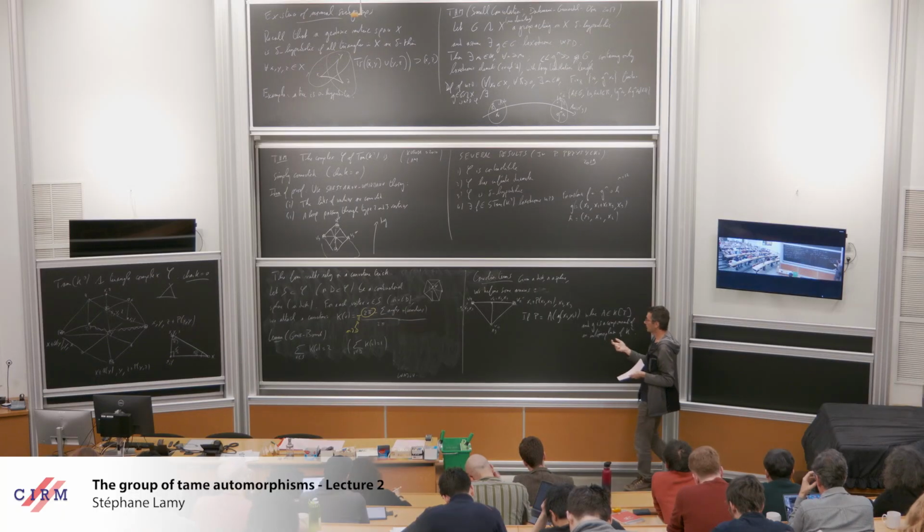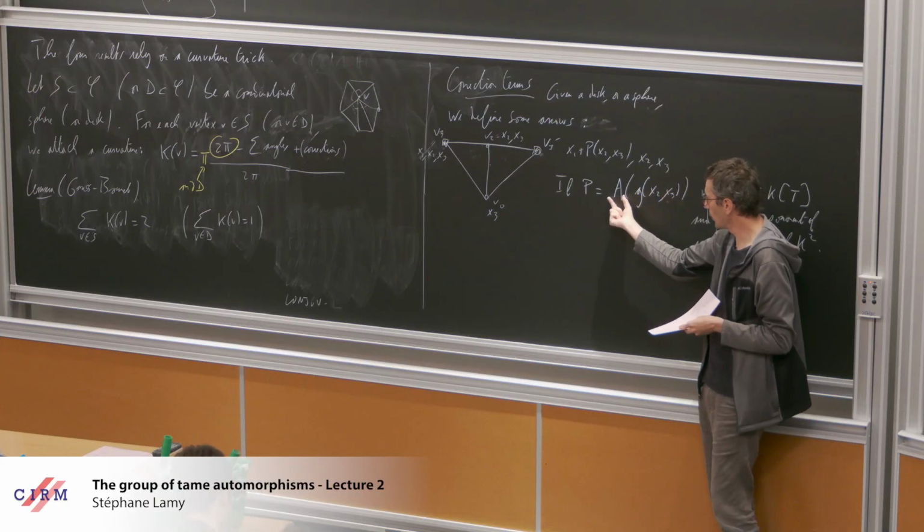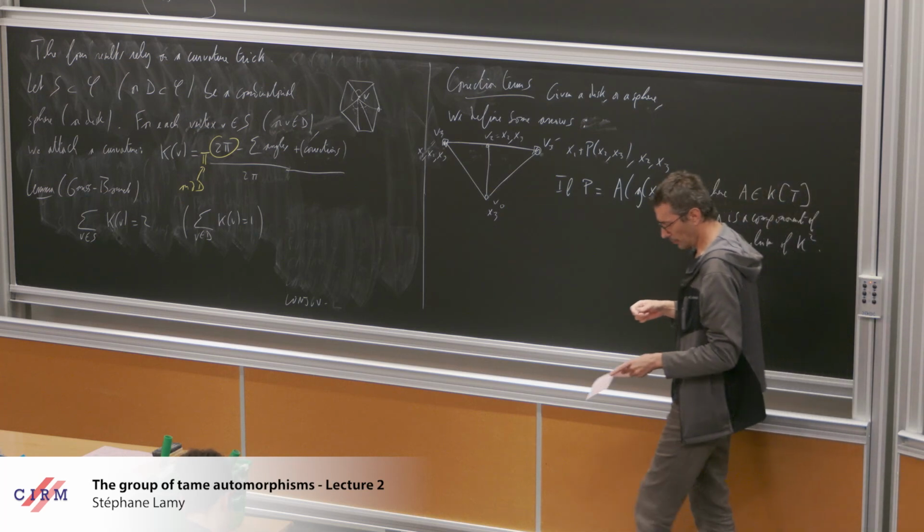So if p is of this form, a component in x2, x3, and then an application of a one variable polynomial, I put an arrow. And in which direction?